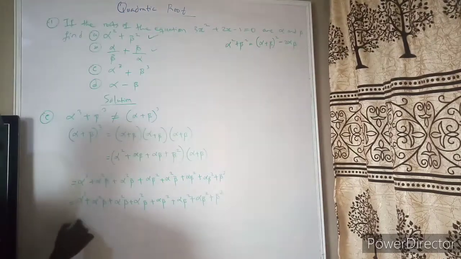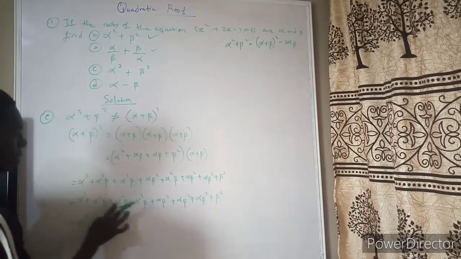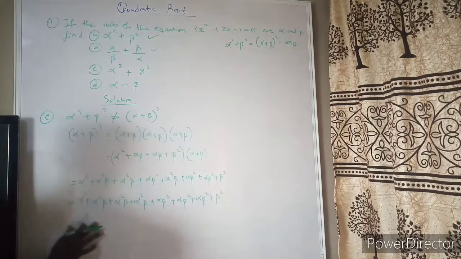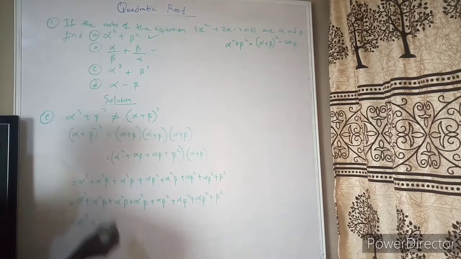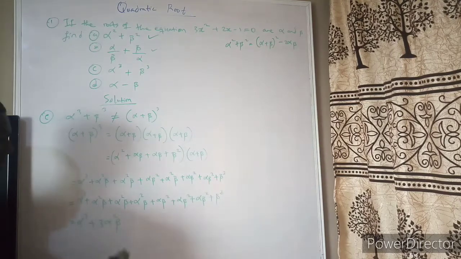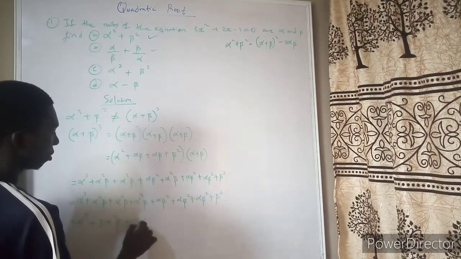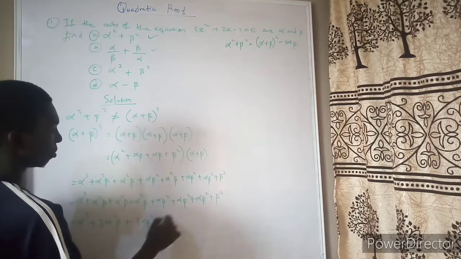So now I can say alpha cube, plus 1, 2, 3, a mango plus another mango plus another mango to give me 3 mangoes. What's our mango? It is alpha squared beta, just like a plus a plus a is 3a. Same thing I've applied here, so the same thing applies to this: 3 alpha beta squared, plus beta cube.